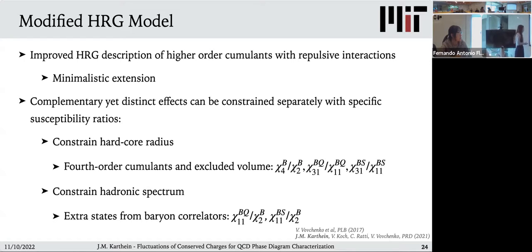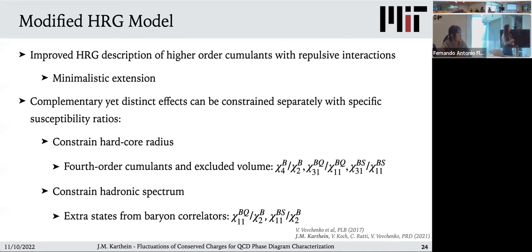So what can we do? How can we change the HRG model to actually add some sort of interactions to try to get a better description of as many of these quantities from the lattice as possible? So in this improved description of the higher order cumulants, we're going to add a repulsive interaction.